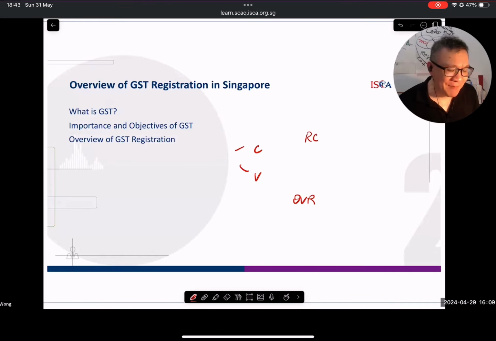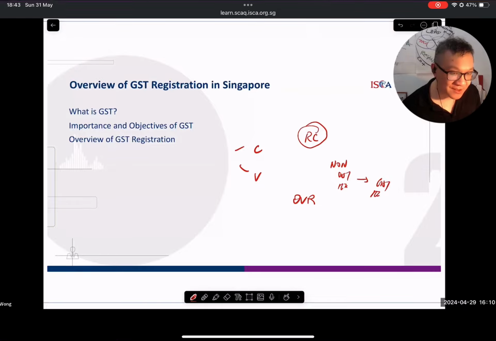What it means is that for a person who is importing services to Singapore, even though the person right now is not registered for GST, the RC requirement may kick in to make the person go from a non-GST registered person to a GST registered person.